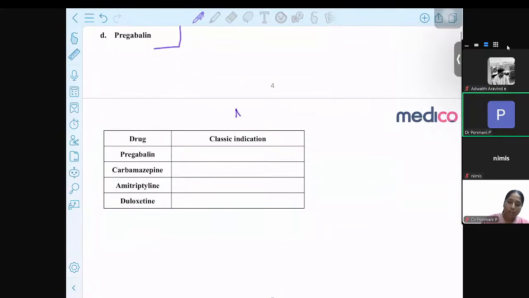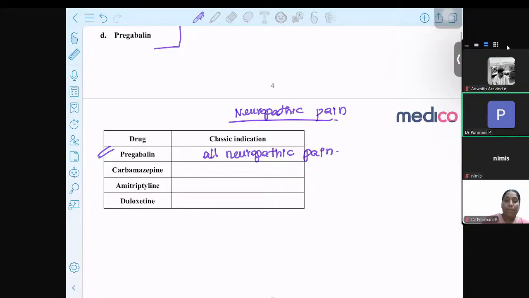See, for neuropathic pain, there are many drugs which can be used. The very first drug is pregabalin. This pregabalin is mostly used for all types of neuropathic pain. Can you tell me where carbamazepine is used? Yesterday we saw it is used for trigeminal. It is actually the drug of choice for trigeminal neuralgia.